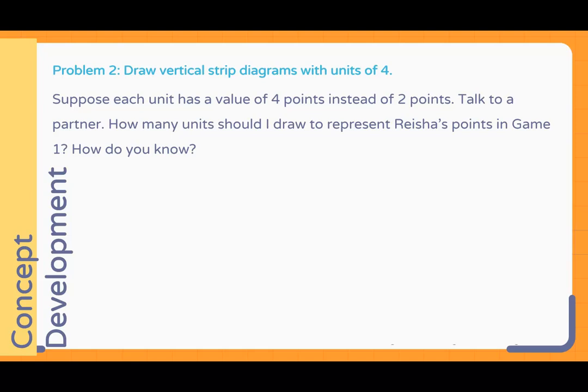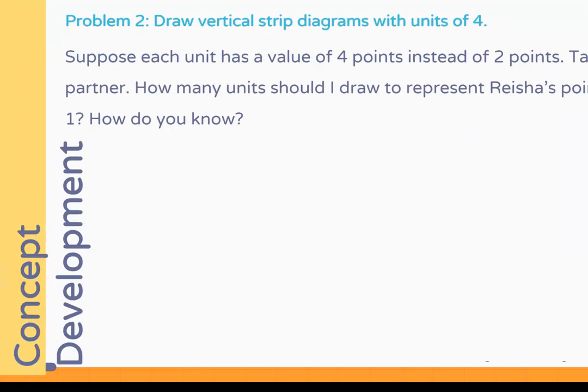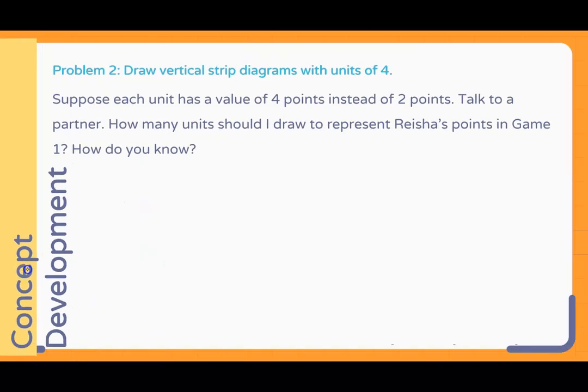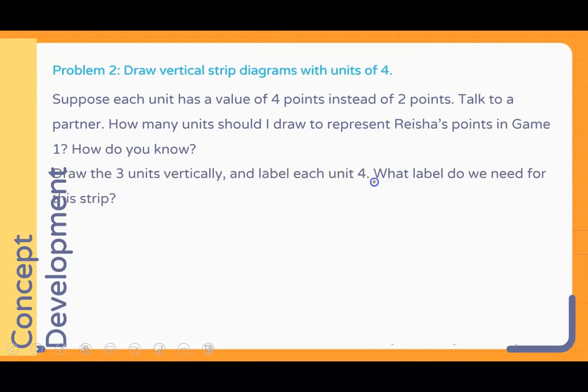Now, suppose each unit has a value of 4 points instead of 2 points. In other words, it's 4 points in the strip diagram instead of 2. How many units should I draw to represent Risha's points in game 1? And how do we know?